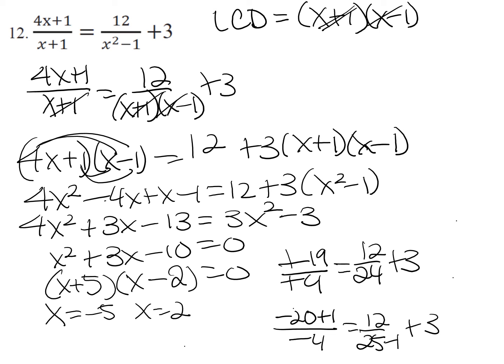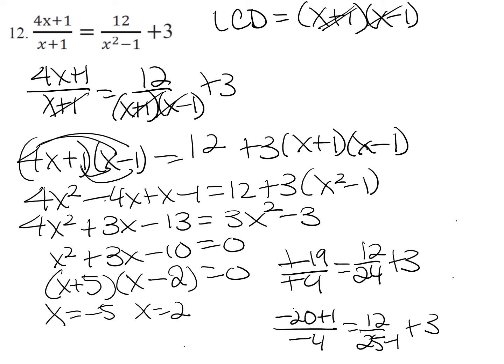I wonder if I made a mistake somewhere. 4 multiplied by the negative 5, I got negative 20, plus 1 is negative 19, and then I have negative 5 plus 1, that's negative 4. Okay, and then 12 over negative 5 squared, 25 minus 1 is 24. I don't know. This is not looking quite right.